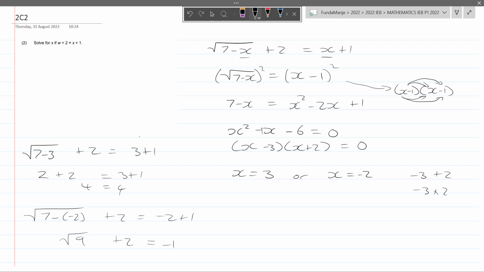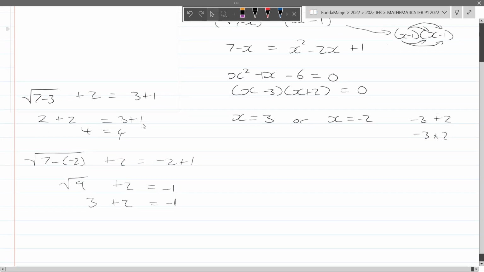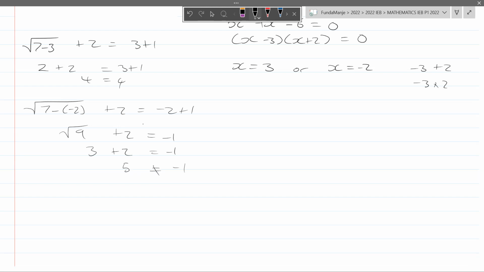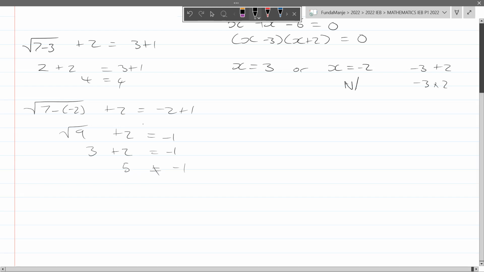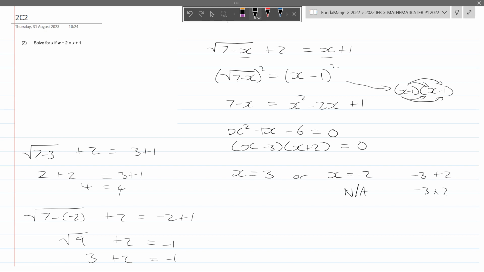And then here root 9 would give us 3, plus 2, and that would be 5, which is not equal to minus 1. Therefore, this one will not satisfy the condition of our equation, and yeah, then your answer will be just x is equal to 3.